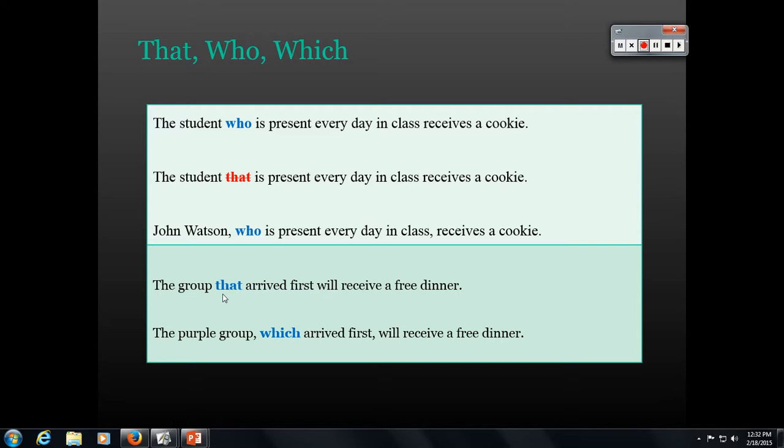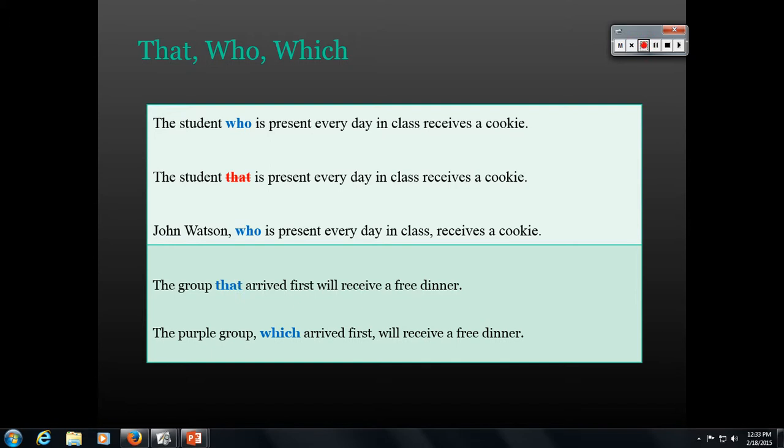If we have a dependent clause, also known as a relative clause if it starts with a relative pronoun, that is essential, we use that. We do not use which. Also, we know that it's essential because it's not offset with commas. Okay? So if you see a clause that starts with that arrived first, it should not be offset with commas, because by choosing the word that, you're saying that it is essential.